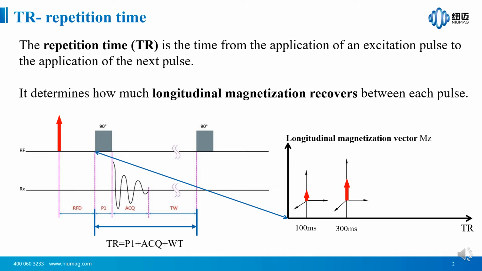And then we set 300 milliseconds, more is recovered. And further on, more is recovered. Eventually, when TR is long enough, it will recover to the original longitudinal magnetization vector size, for example, to the initial state. This is artificially adjustable.